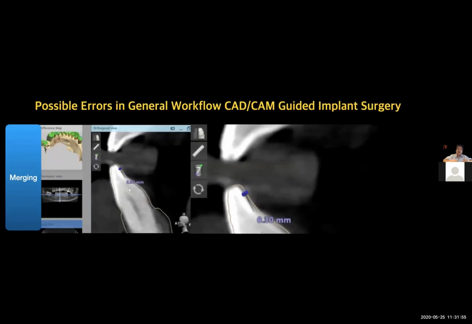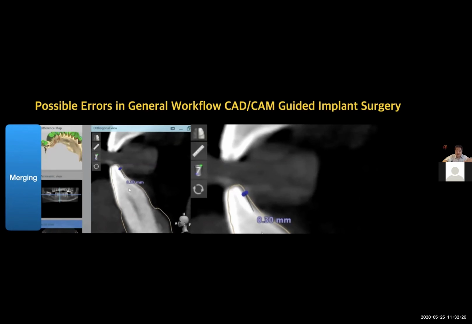errors. Once we superimpose, if you have those 0.3 millimeter errors, then you already have a digital error. You should not move on to surgery or any restoration with this kind of error. As I showed you before, many errors can happen while we are doing the merging. The merging depends on the quality of your original image, and also on your lab technician's technique.